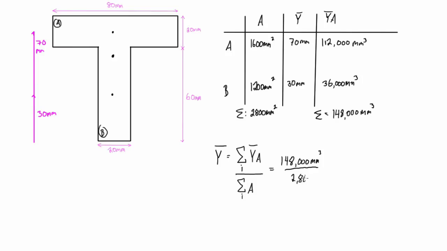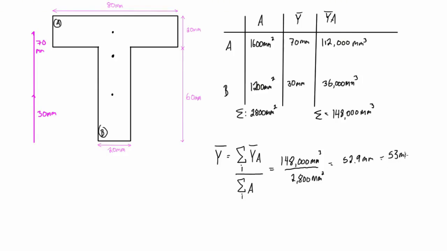So we can fill out the equation now. We have the sum of the products of y bar and area, that's 148,000 millimeters cubed, and the sum of all the areas, that's 2,800 millimeters squared.